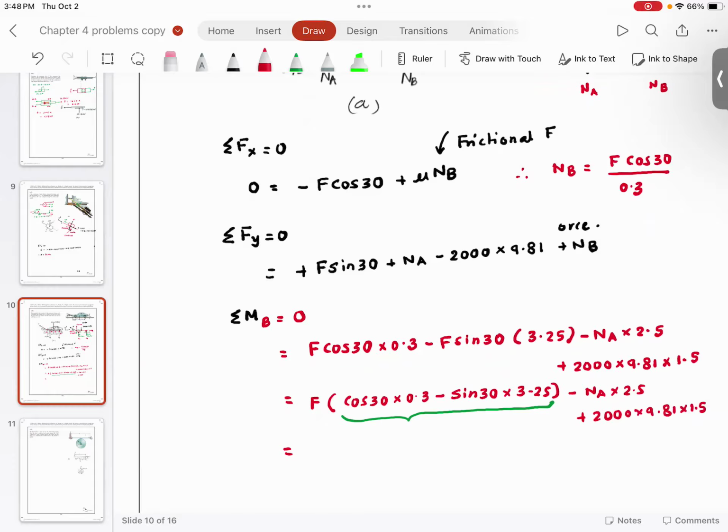F times 1.36 minus NA times 2.5. And can you tell me what is this value?